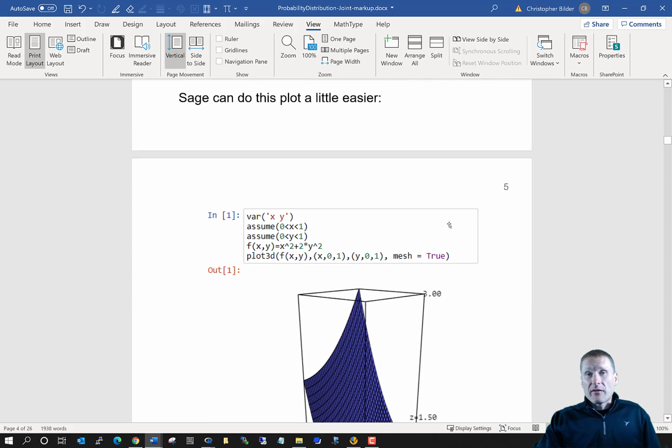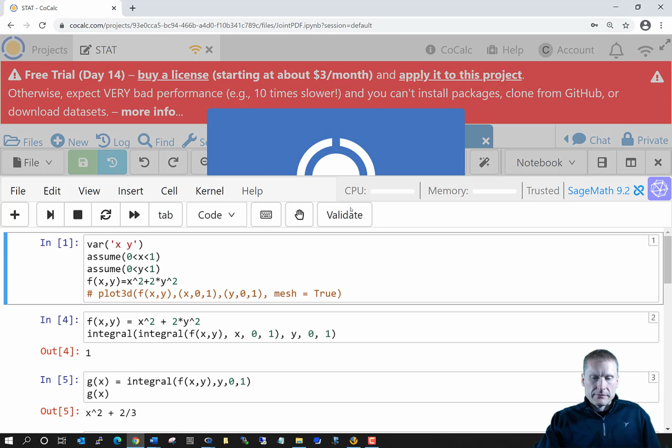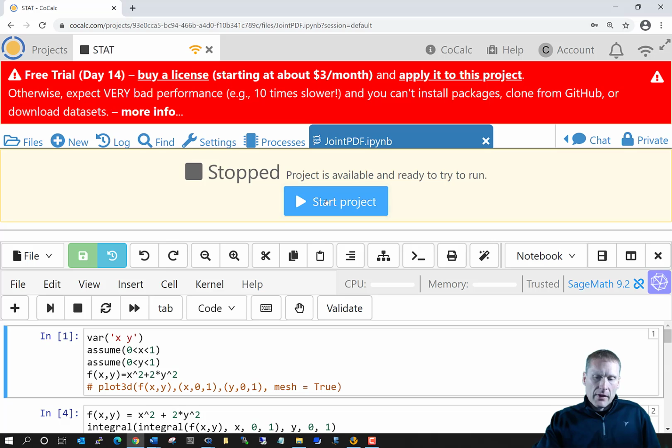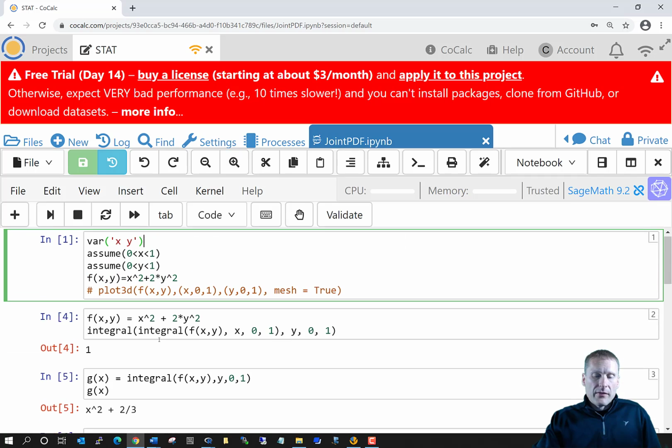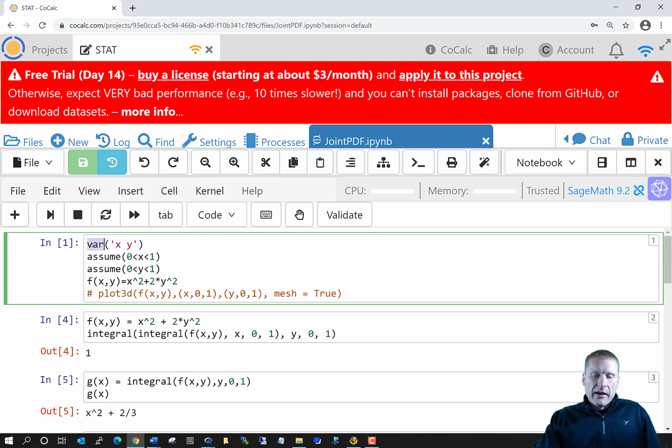Sage can do this kind of plot as well, so let me come on over here to Sage. Restart my project here. Since I have two variables of interest, I need to say var, just like what we did before, but now within the quotes I can put x and y with a space between the two. I'm going to make assumptions about what x and y can be, 0 to 1.